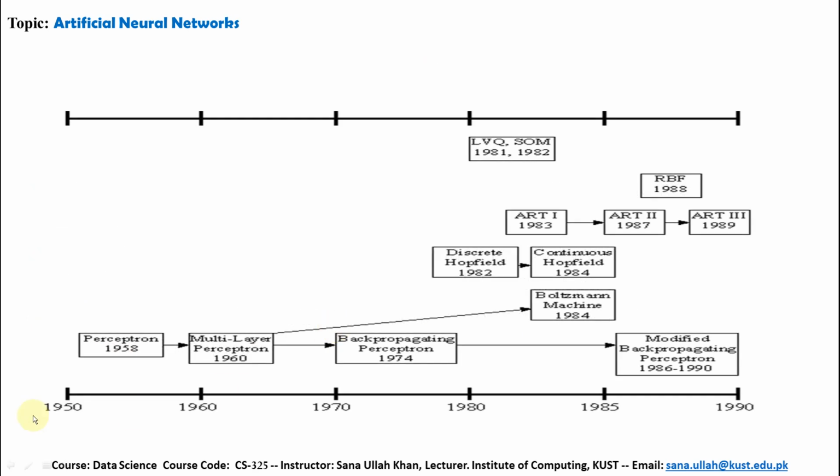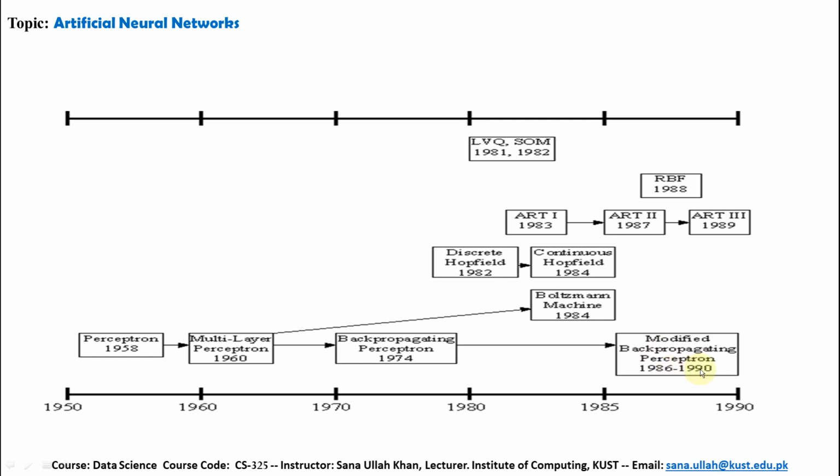So this is the history starting from 1950, and then the perceptron derived in 1958, and then the multi-layer perceptron introduced in 1960, and then from this multi-layer perceptron the Boltzmann machine in 1984 is introduced. Back propagation perceptron 1974, and then modified back propagation perceptron 1986.